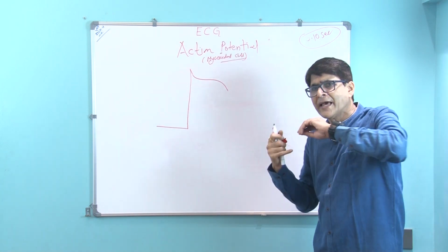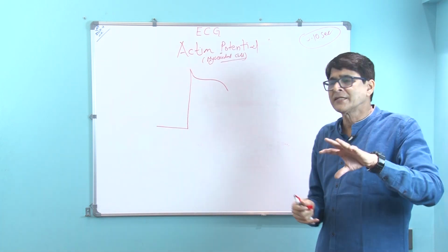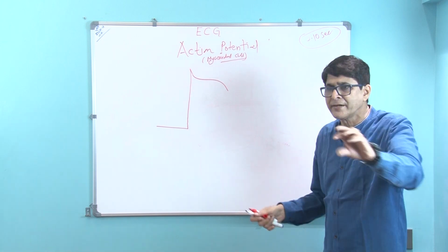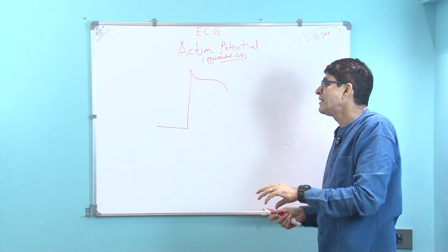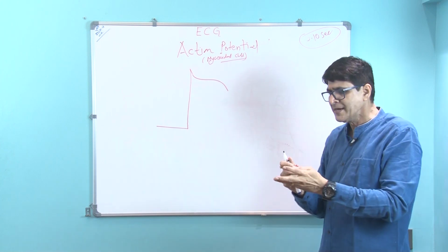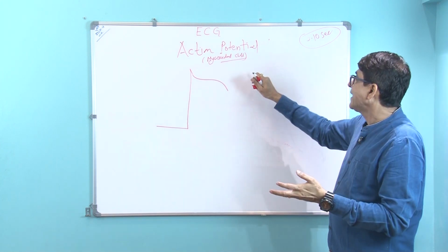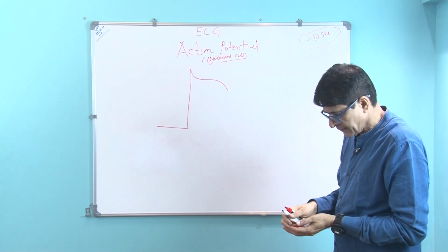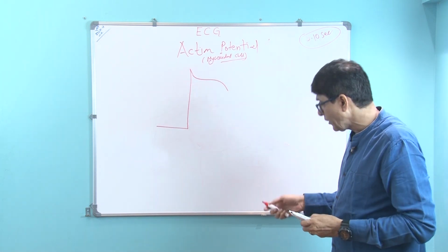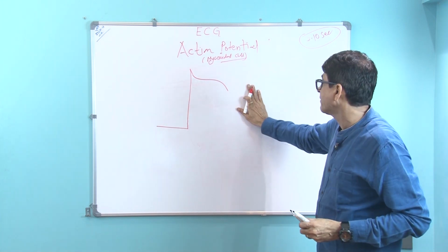There are n number of action potentials in the heart, and at different levels the graph will definitely change, like atrial myocyte and ventricular myocyte. So we will take mainly the ventricular myocyte and SA node only. So pacemaker is the SA node, and this is the cardiac myocyte.